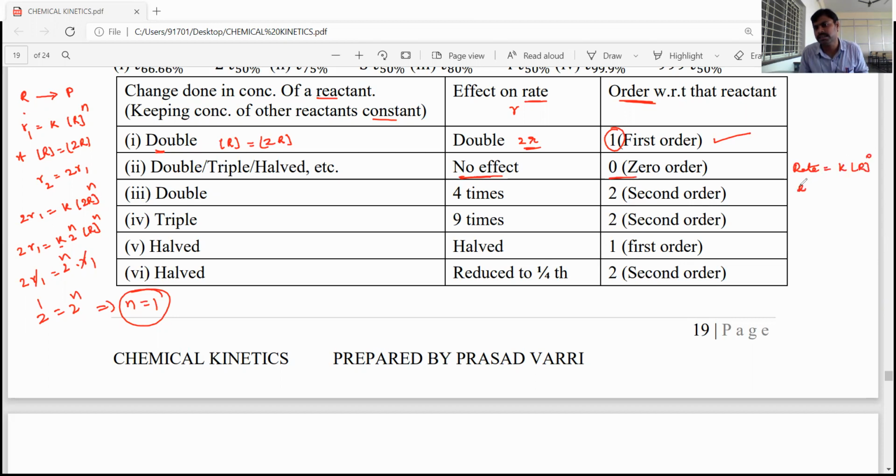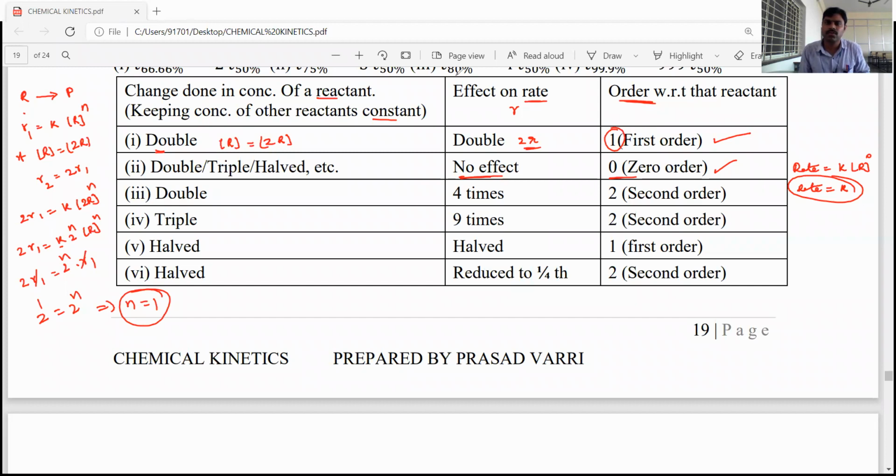It indicates that the rate is equal to constant. The rate of reaction is independent of the concentration of reactants. However you change the concentration of reactants, the rate is the same only.